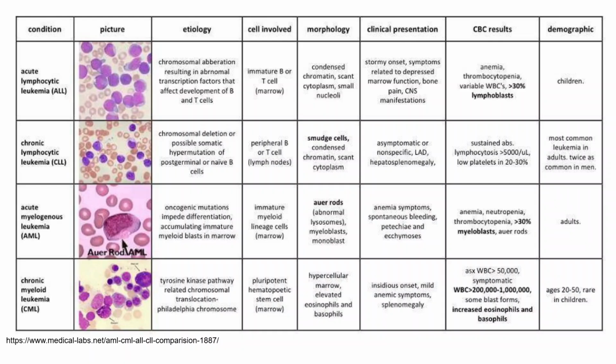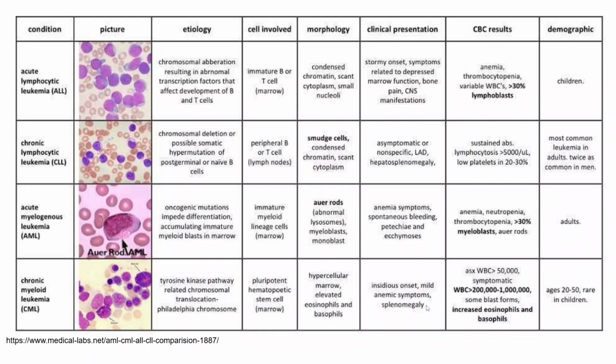Then chronic myeloid leukemia presents with a hypercellular marrow and elevated eosinophils and basophils in the periphery. It is usually due to abnormality of the tyrosine kinase pathway due to chromosomal translocation. The Philadelphia chromosome is also one of the known causes or coexisting conditions. The cells involved are pluripotent cells of the bone marrow.